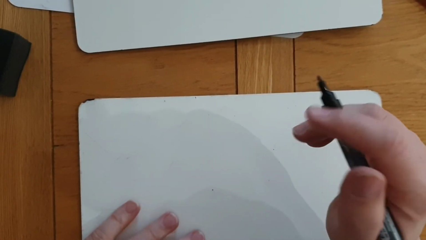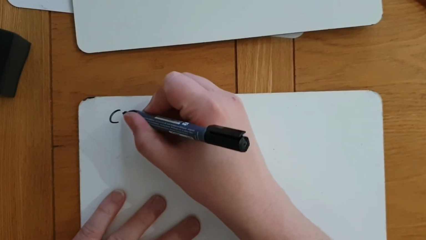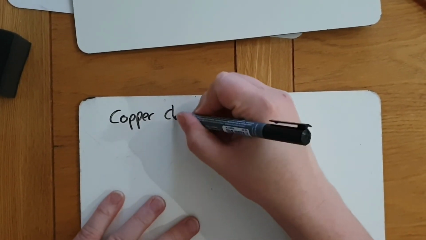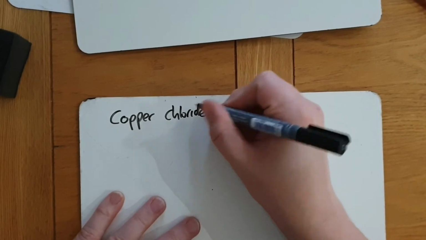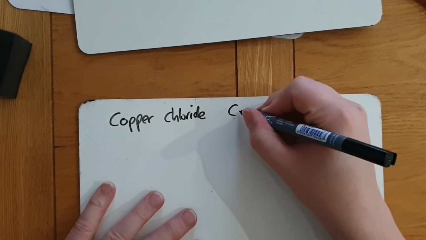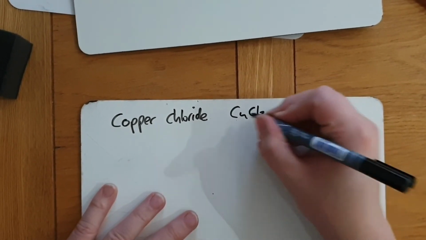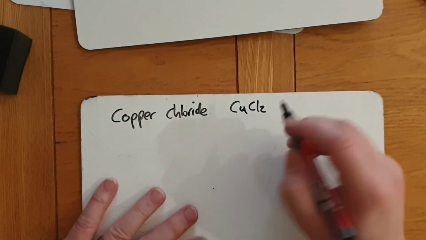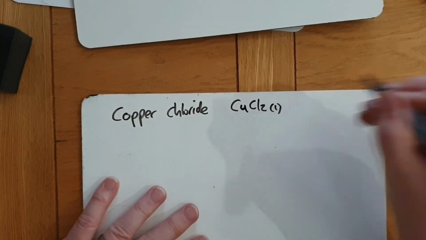So we're going to use a different one. We're going to talk about electrolysis of molten copper chloride. So if I tell you copper chloride is CuCl2, now if that's going to be our electrolyte, it means it needs to be molten, so we need to heat it up so it's a liquid.